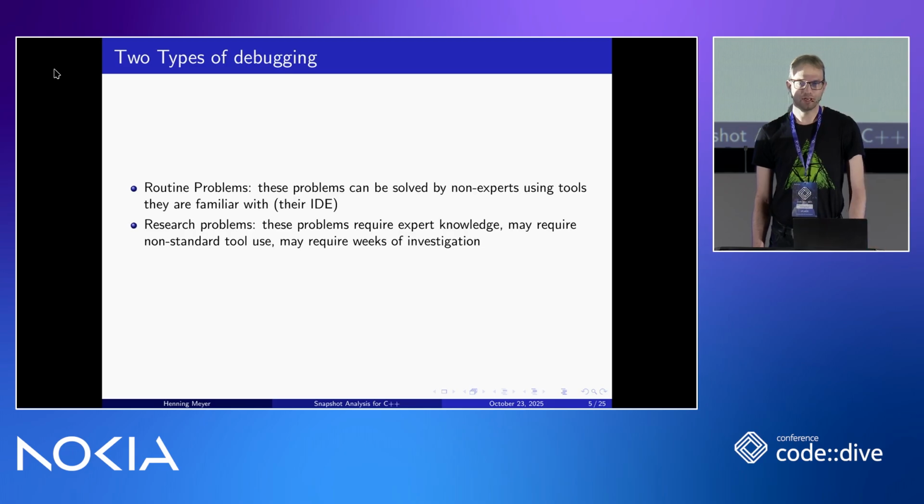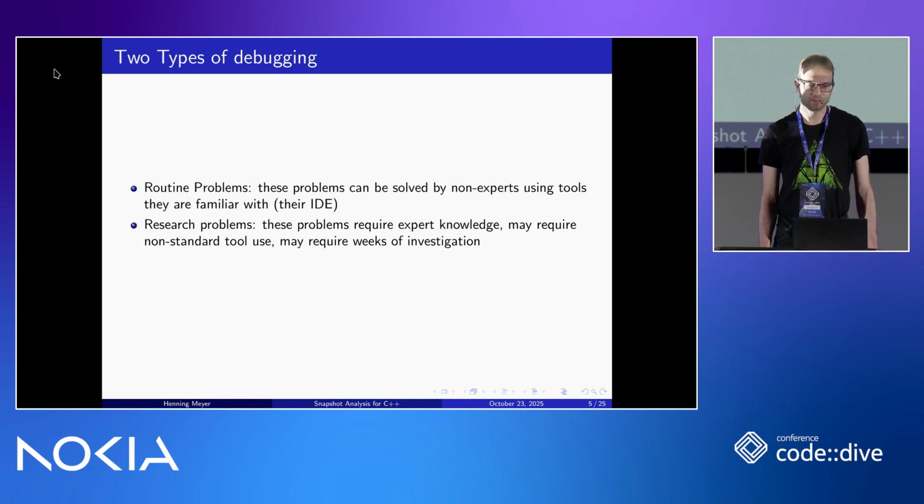You hit run in your IDE, you get a stack trace, you look at the line that the debugger is stopped in, and in C++, we have a lot of problems where this doesn't help us, because there is no line that you can stop in if you have to debug a memory leak. The line that your program crashes in might not be the cause of the crash. It might be entirely unrelated.